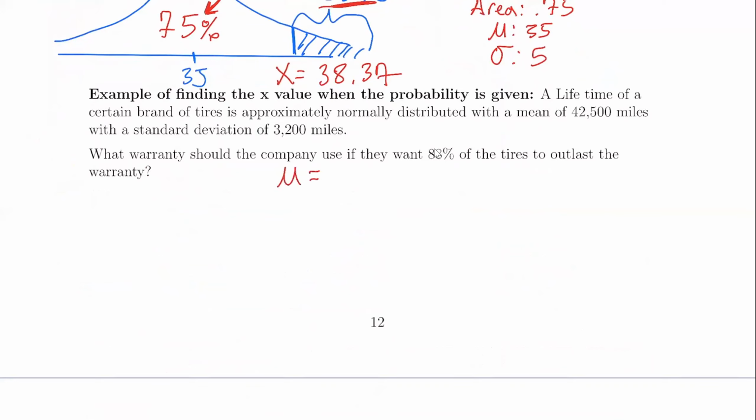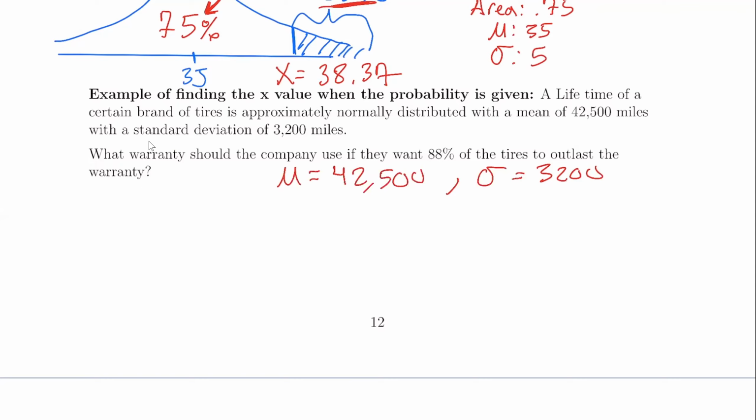We have mu equal to 42,500 and sigma equal to 3,200. The question says, what warranty should the company use if they want 88% of the tires to outlast the warranty?